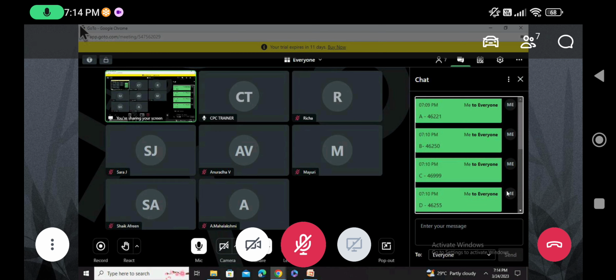I've already informed you: whenever we are attending any CPC question, first we have to check all the options. Then for each option, whatever code we have, below that code we have to check the bracket. For example, you guys check the code 46250 below the bracket.